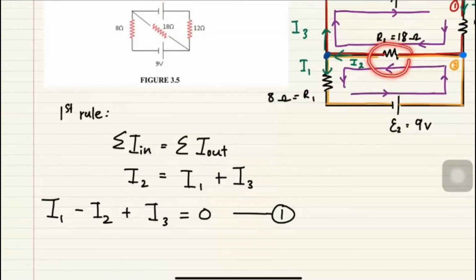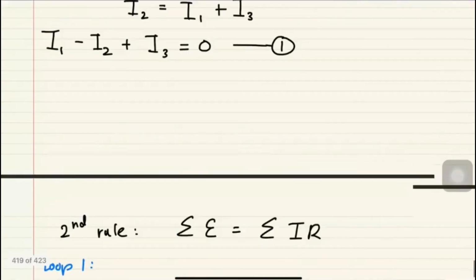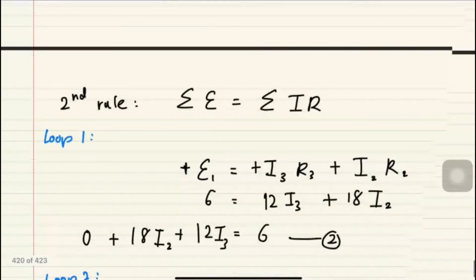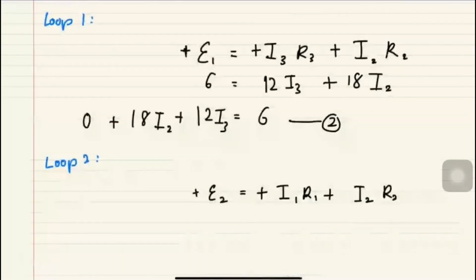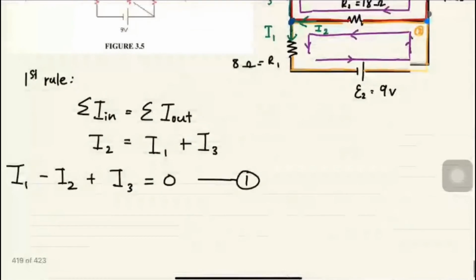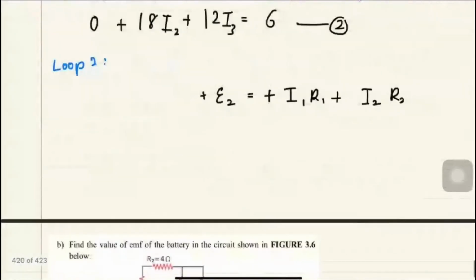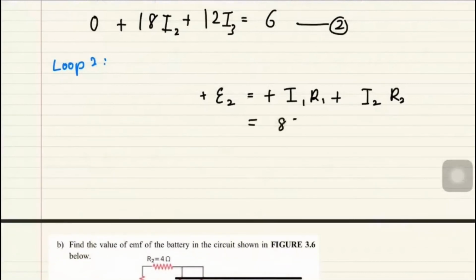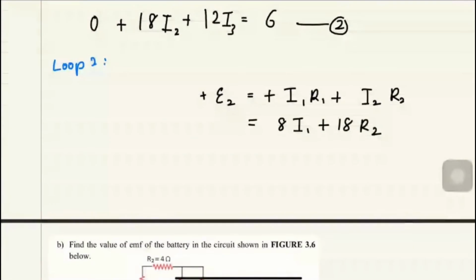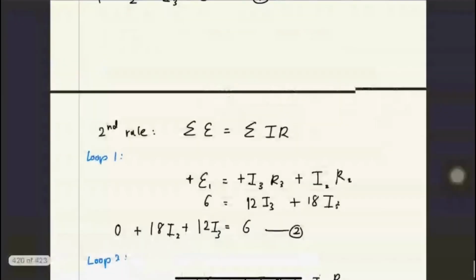Loop direction to the left, current direction to the left. Therefore, positive or negative? Positive. Yes, very good. So R1 is 8, R2 is 18, and the epsilon equals 9.